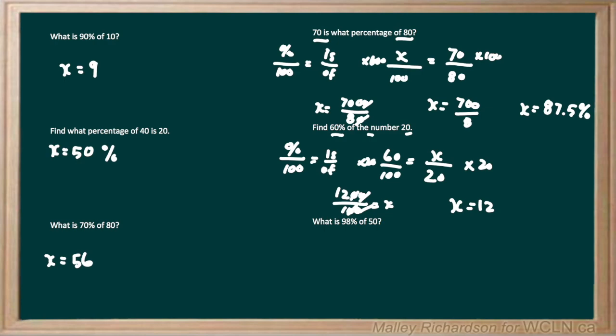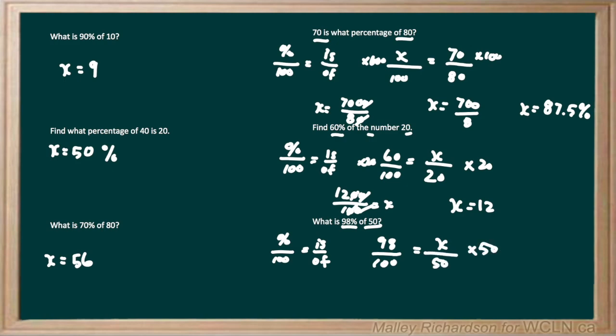Now our final question is, what is 98% of 50? So our formula is percent over 100 equals is over of, and we are given the percent and we are given the of, so we just need to find is. So we're left with 98 over 100 equals is, which is x, over 50.